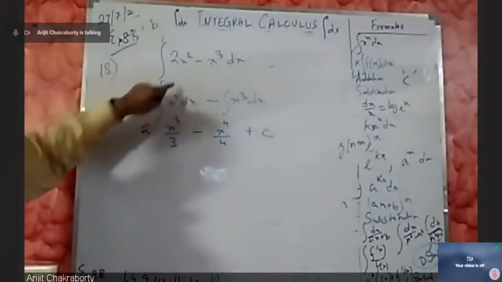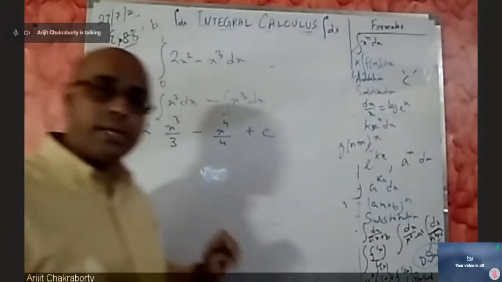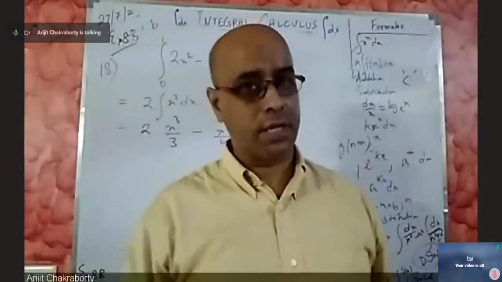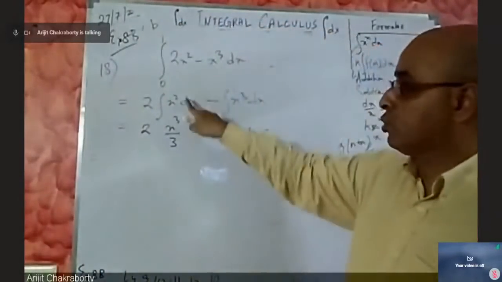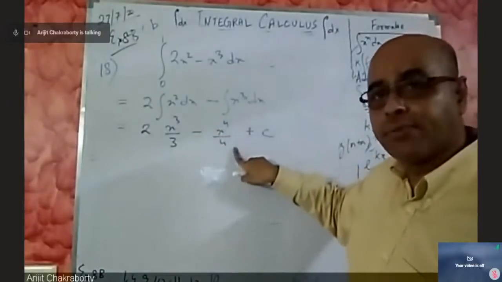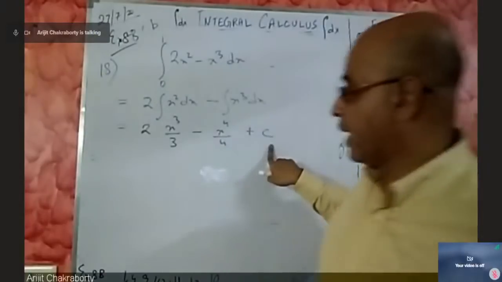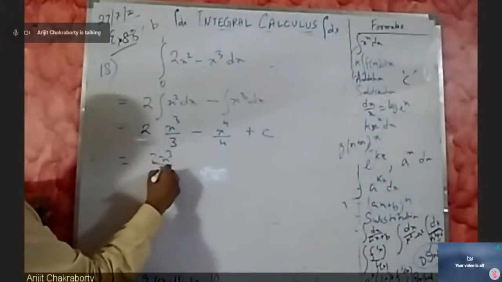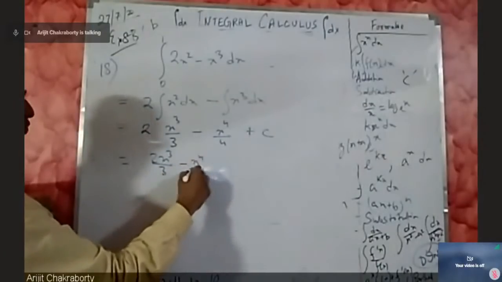I am using directly the formula x to the power n by n plus 1. So x to the power 2 plus 1 by 2 plus 1, here x to the power 3 plus 1 by 3 plus 1. So we are getting 2x cube by 3 minus x to the power 4 by 4.